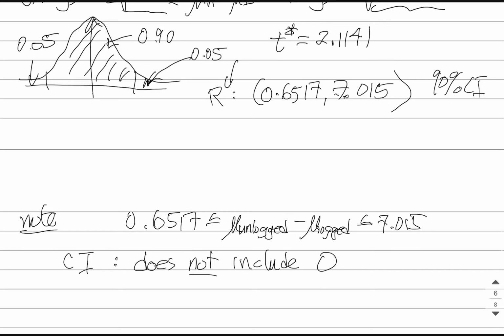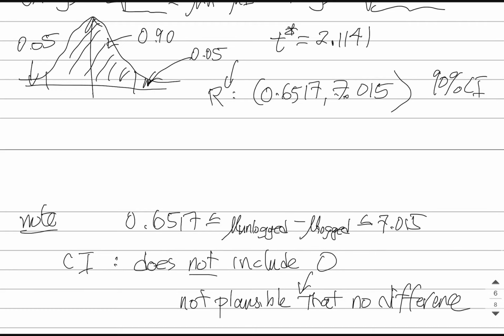That means 0 is not one of the options for the difference in the two. So it is not plausible that there is no difference in the number of species.